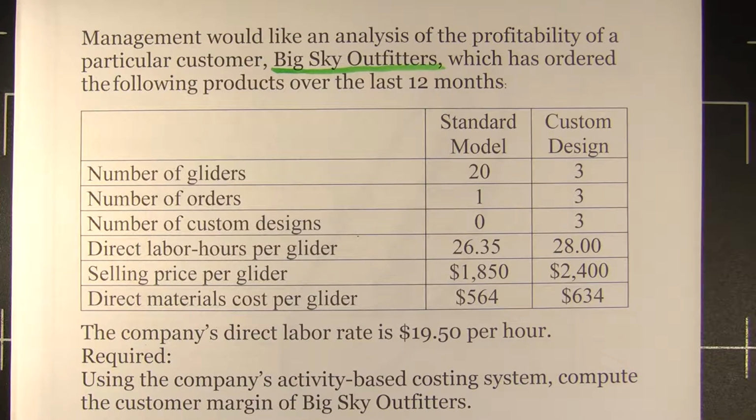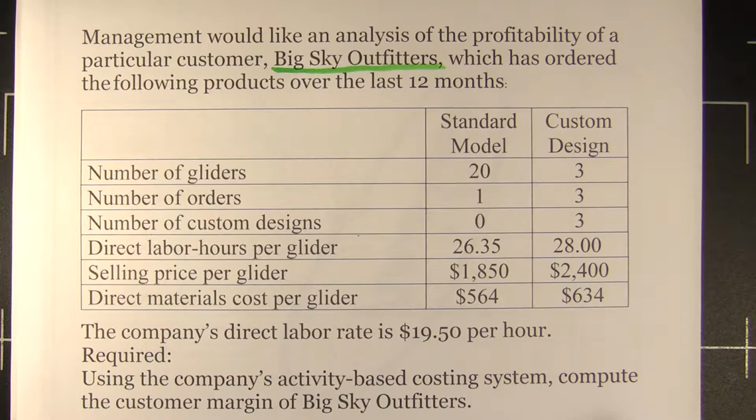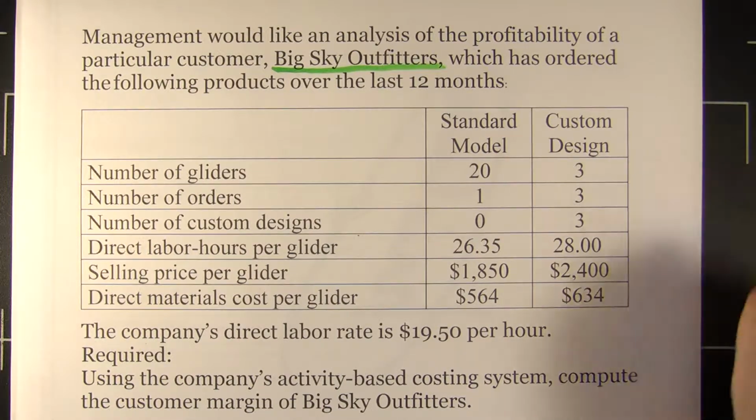We want to know some information about this customer. Do we want to treat him really good? Do we want to ask him to go away? We want some more information about the customer. This is where we're taking our accounting data and we're going to use that to make some management decisions. This is the essence of management accounting.